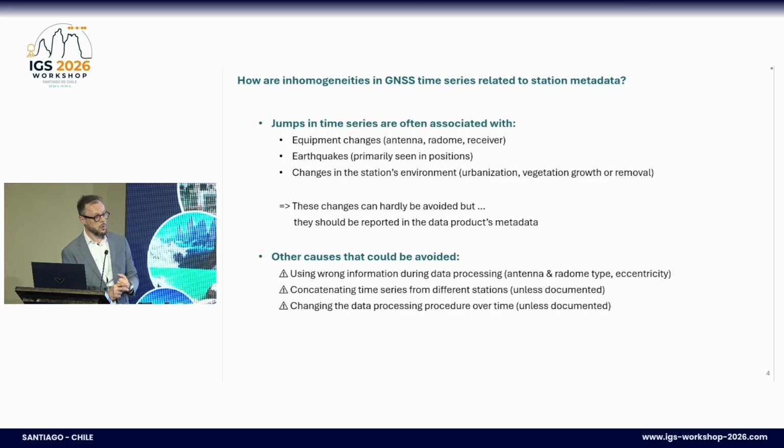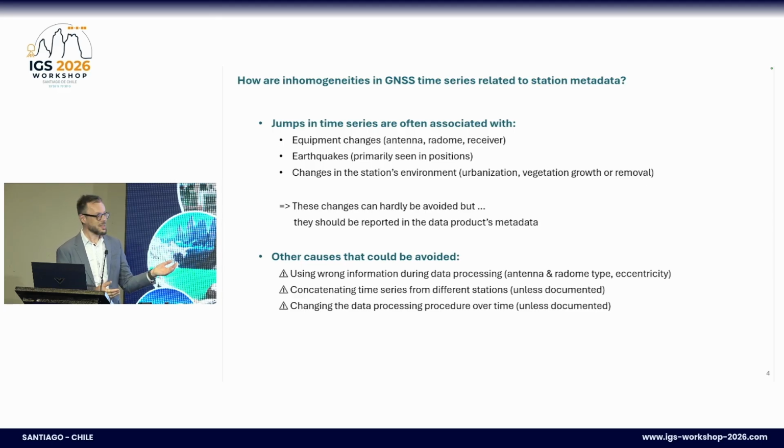So how are inhomogeneities in the GNSS time series related to station metadata? What we observe is that there are often jumps in the time series. We are talking about position time series or tropospheric delays, which is more of interest. And they are associated with equipment changes, also with earthquakes and other changes in the station's environment.